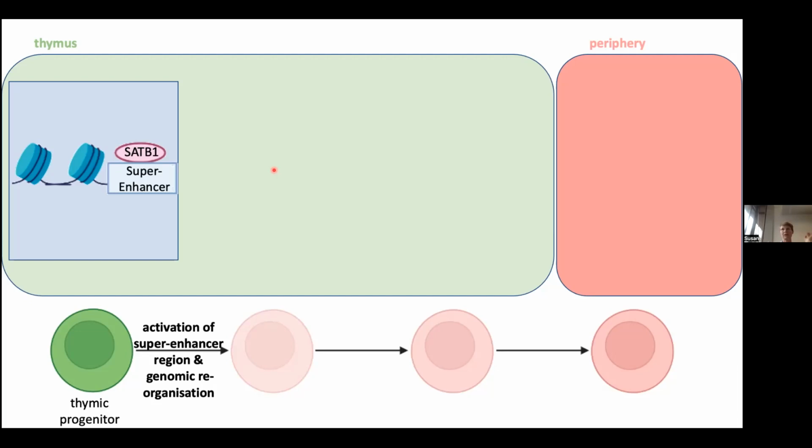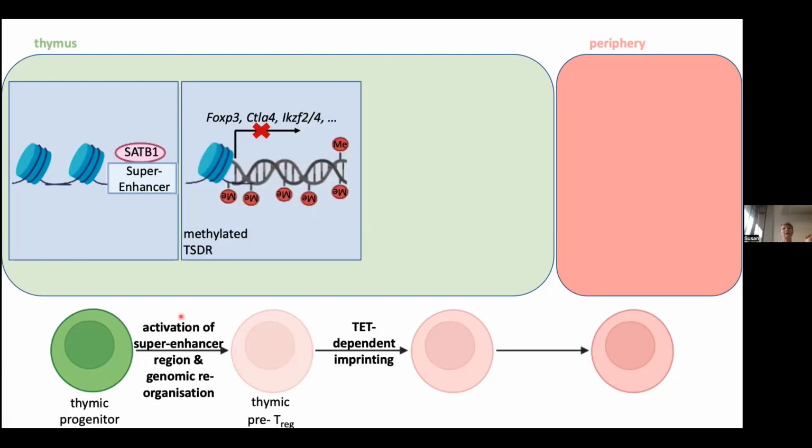The next slide. Sorry for the delay. Voila, there we are. Allows for the recruitment of TET enzymes. Now, initially, there can already be FOXP3 expression, although most of the loci will still be heavily methylated.